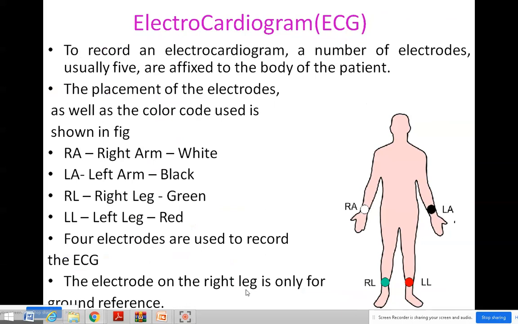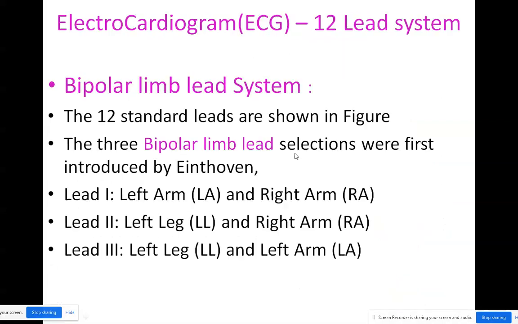The electrode on the right leg is only for ground reference; this right leg will always be used for grounding purposes. Okay, reference electrode. The remaining 3 electrodes will be acting electrodes.